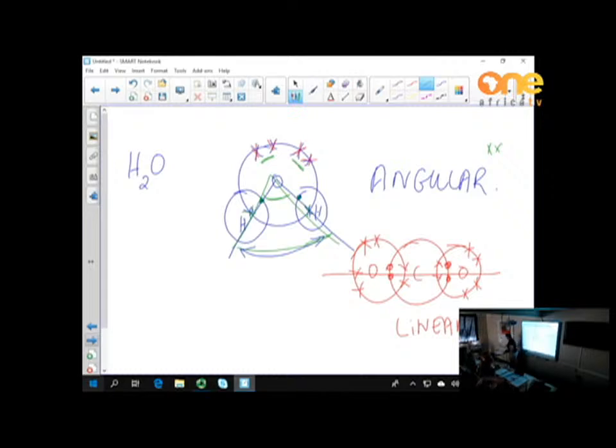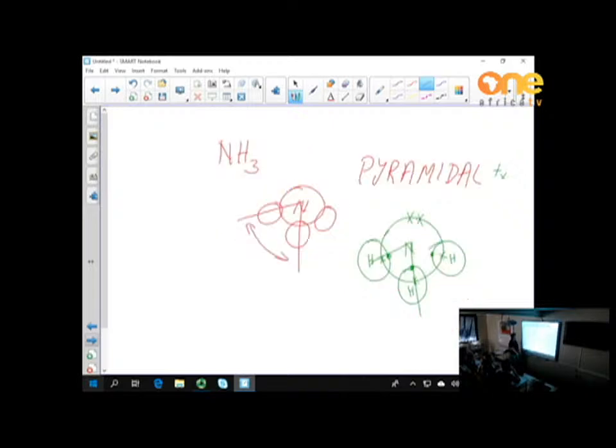All right. Then if you're going to have a look at the ammonia molecule, here we find that because we have 3 atoms bonded onto them, and there's only 1 single pair, it doesn't push them as close. All right? So the angle becomes 107 degrees.